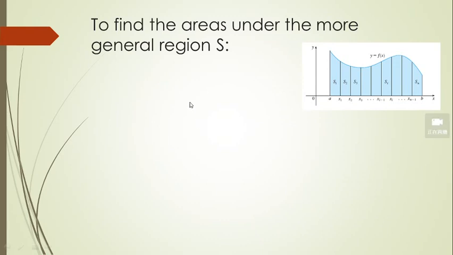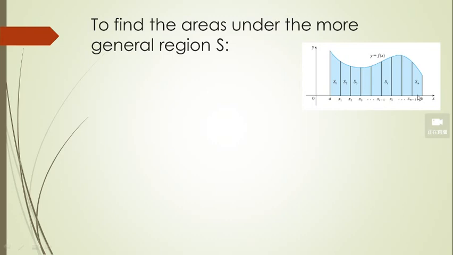For this region S, we can first divide it into n strips, S1, S2, Si, Sn, under a curve from a to b. Again, we will use equal widths for each strip.